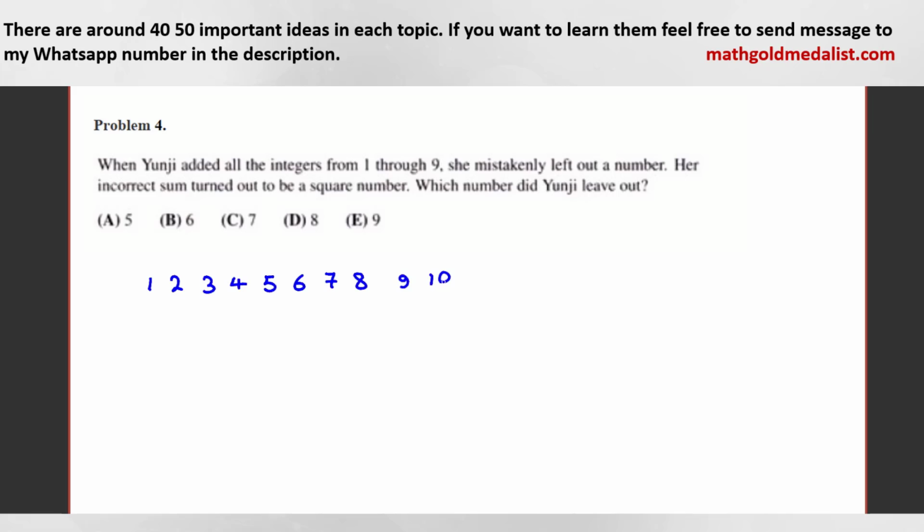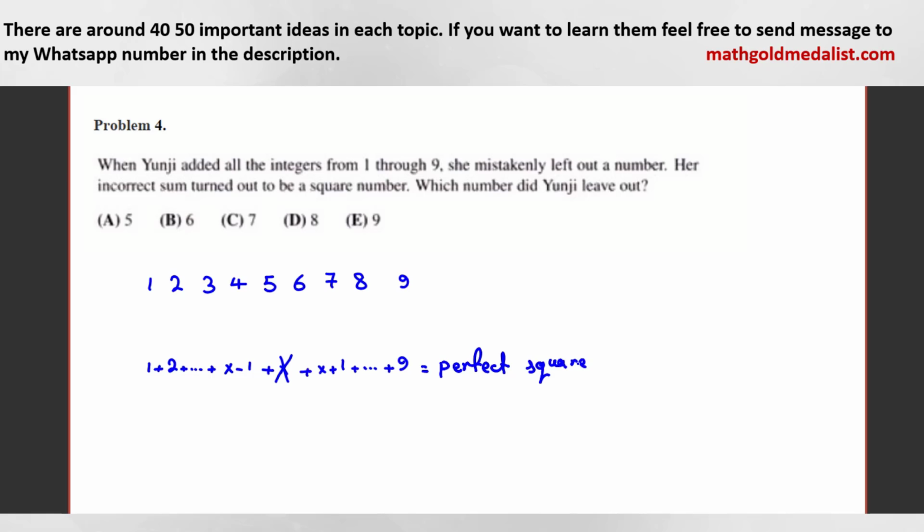All one-digit numbers. So suppose the number that we don't have is x. Okay. So we have 1, 2 to x minus 1. We don't have any x. We have x plus 1, 2, 9. And the sum is perfect square from assumption of the problem.